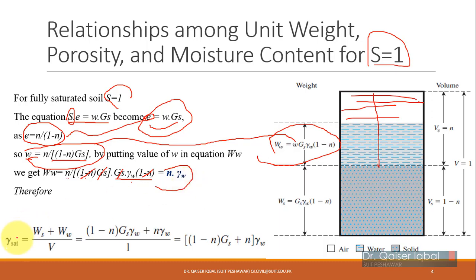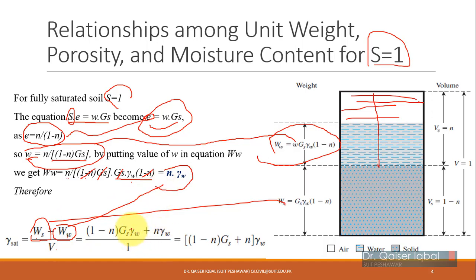We know that in the case of fully saturated soil, the unit weight is equal to the weight of soil solids plus the weight of water divided by the total volume. The weight of soil solids we already determined, which is Gs times gamma w times 1 minus n. For the weight of water, we have just developed the relationship for the fully saturated case, which is n times gamma w.